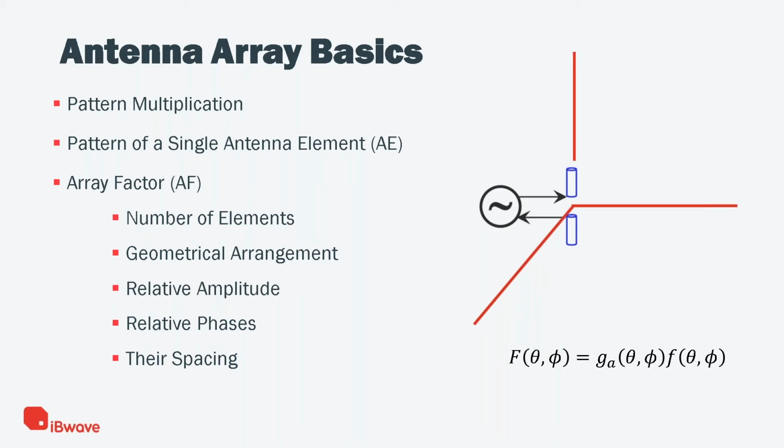For instance, it will depend on the number of elements, how many antenna elements you use. It will depend, as we have seen, on the relative amplitude difference between the antenna elements, also on the relative phases between the antenna elements, as well as the spacing between the antenna elements. So having all this calculated, you can easily calculate your beamformed radiation pattern as a multiplication of the single antenna element pattern and the array factor.